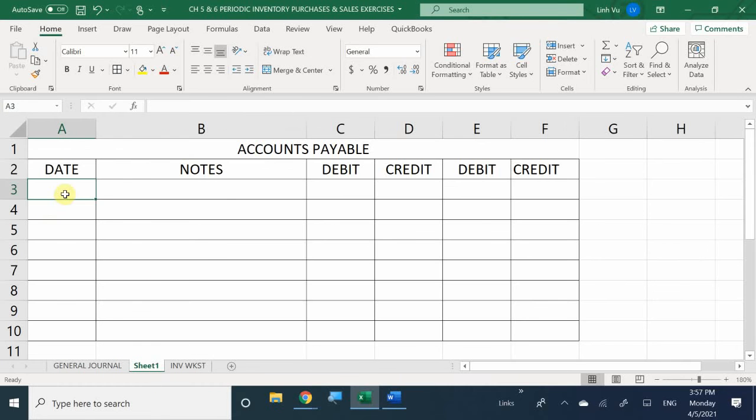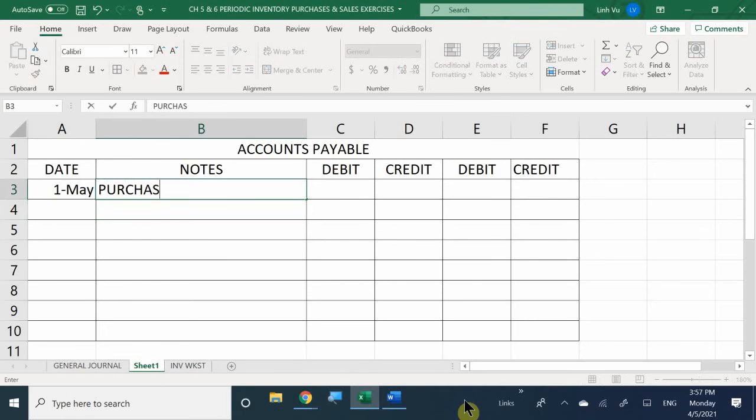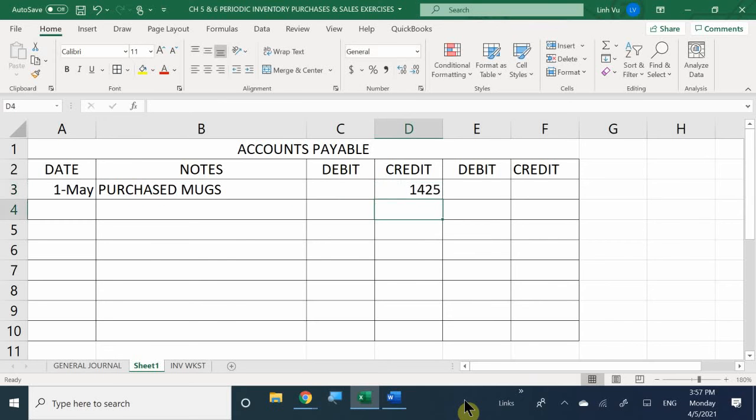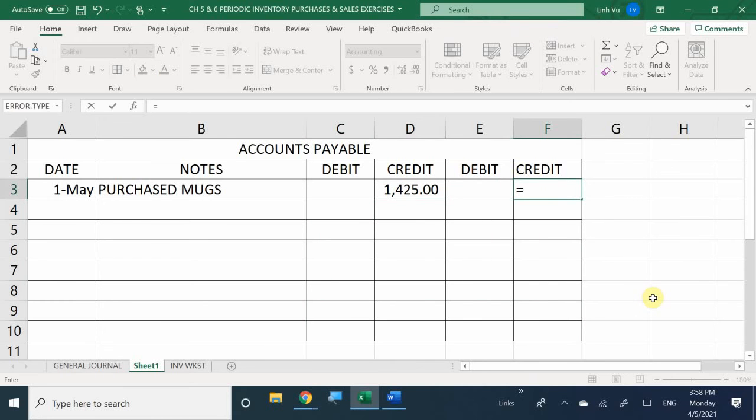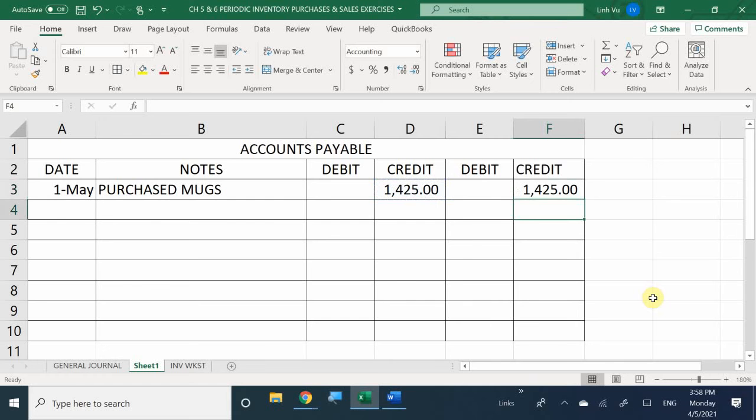So in my ledger, I'm going to make a note that on May 5th, I purchased inventory, or in this case, mugs. And I credit my account for $14.25 because that's how much my account balance was. Because we have a credit balance, if we started at 0, my balance in my accounts payable should reflect as $14.25.